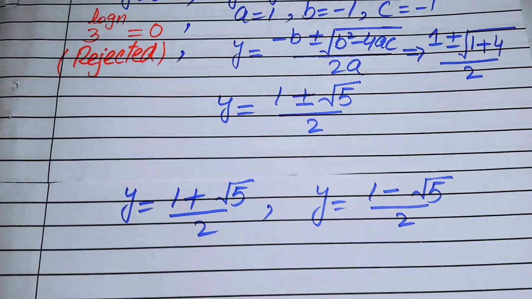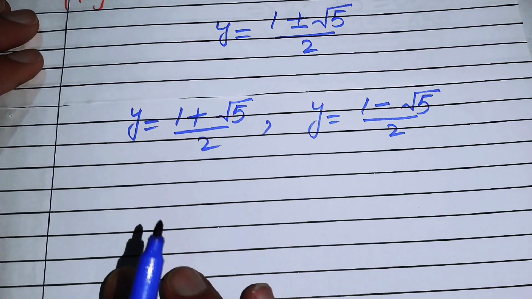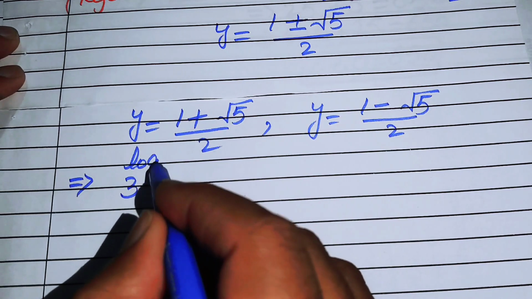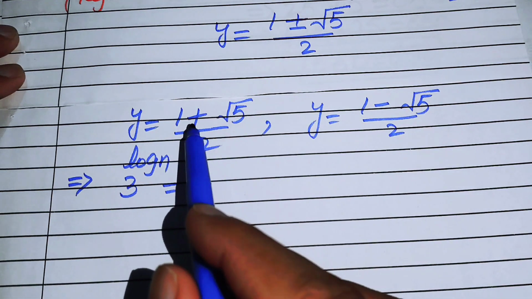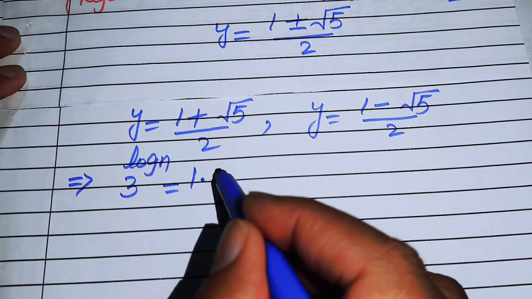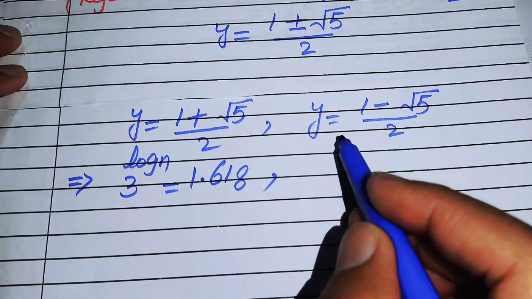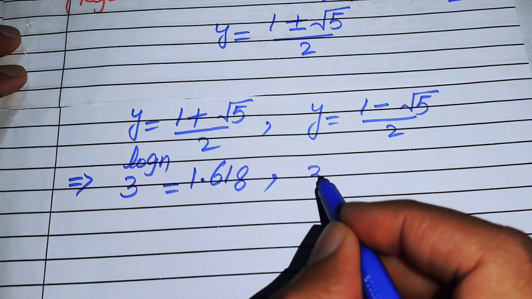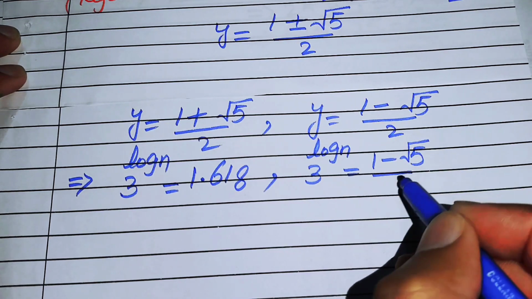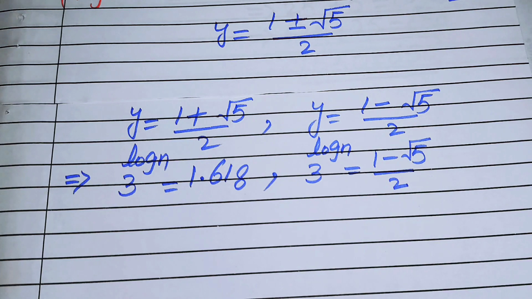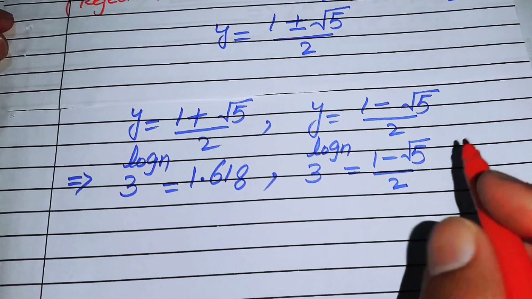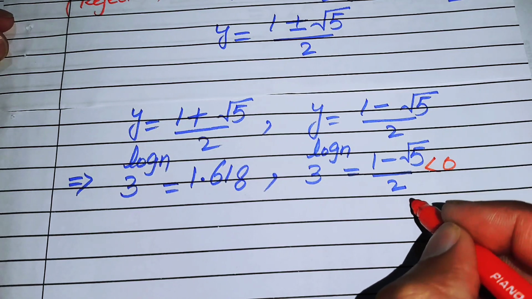So now here you see one thing: when we put the value of y here, the equation is 3 to the power of log n equals, now we can first divide 1 plus square root 5 over 2, and you will get its value is 1.618, and for the other case 3 to the power of log n equals 1 minus square root 5 over 2, and when you use a calculator to get the value of this expression, you can easily see that this value is less than 0, or we say that it is negative.